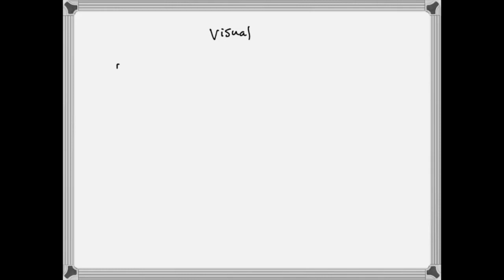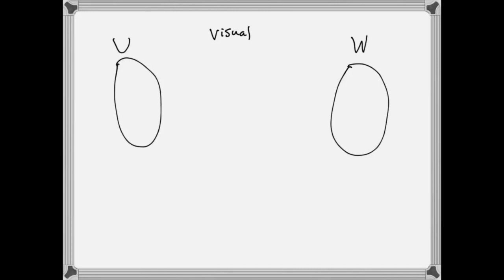So let's say we've got U right here, and we've got W right here, and we've got V right here. So let's start with vector U. So T1 takes it right here.